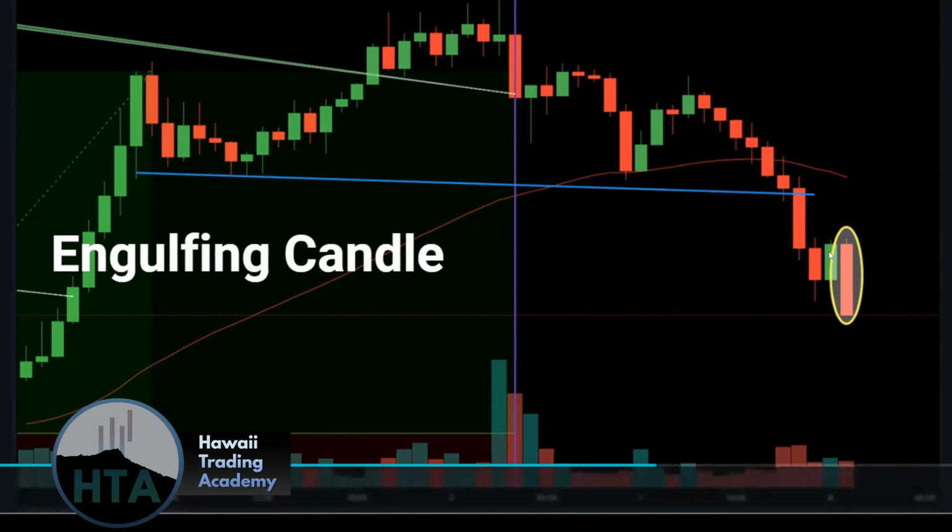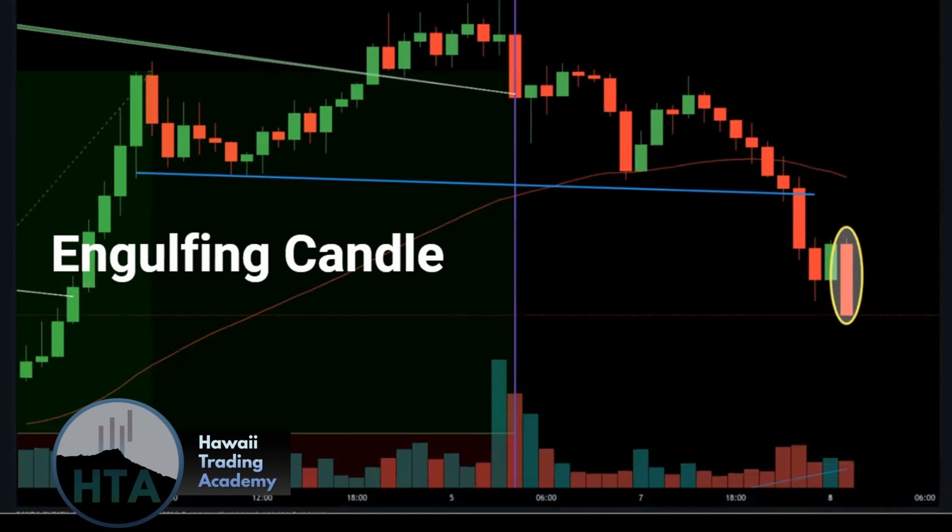You can see that before our big red bar, we had a green bar, and this thing just towers over it, it engulfs the green bar. And that is also a piece of information you want to consider in your trading method, whatever it may be. It can offer you an entry or a signal to exit.